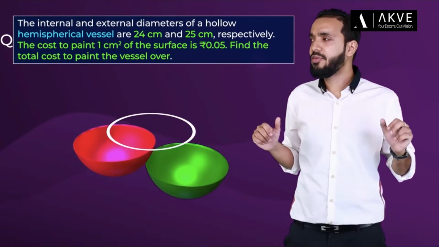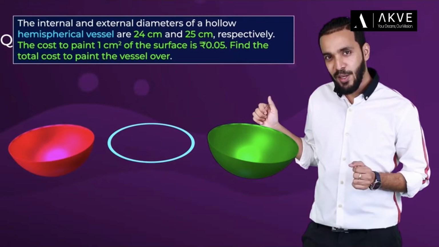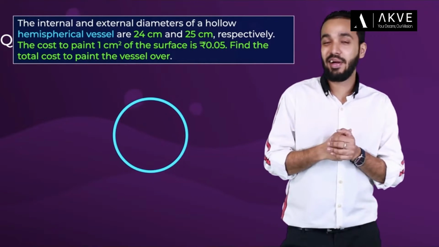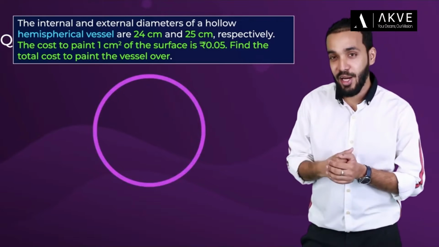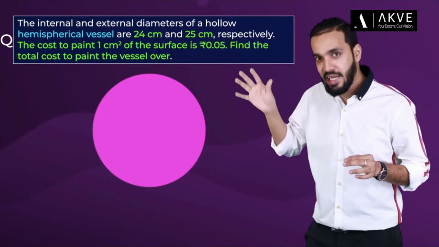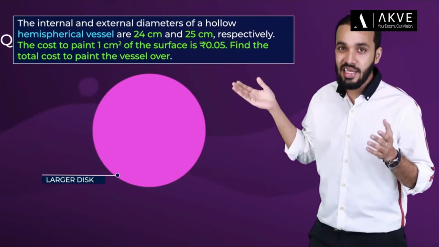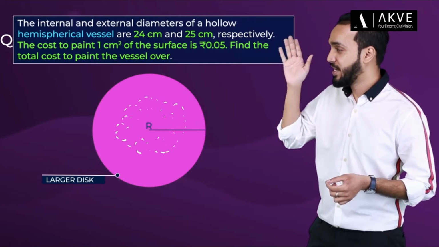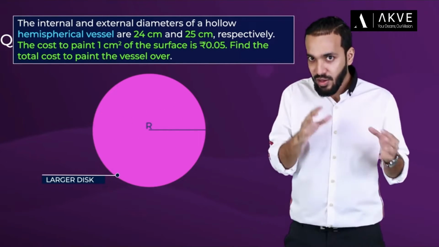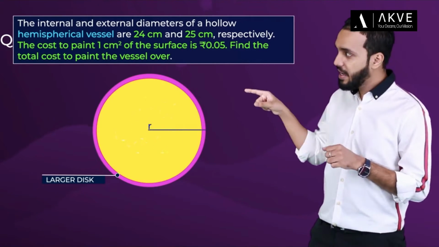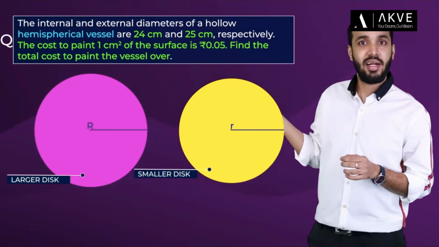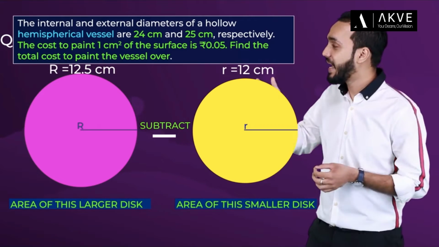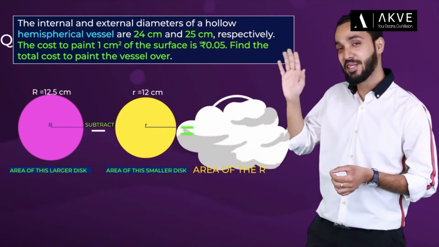But how do we find the area of this ring? We have studied this before, remember? We just covered this hollow part in a different color to get a big disc with the same radius as that of the external radius. Now, when we subtract the area of this small disc from that of the big disc, we of course get the area of this base ring.